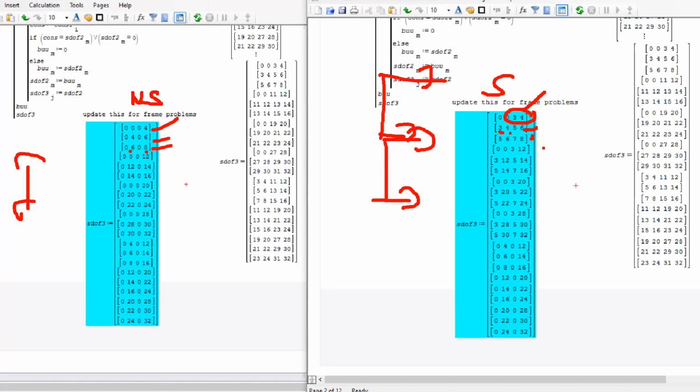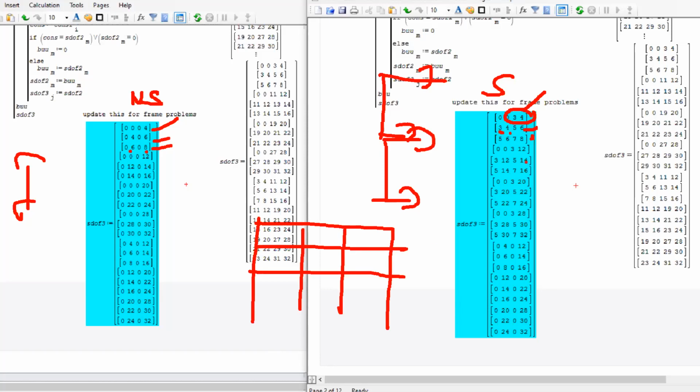Then go back to member 4 here. I only need the rotation and lateral displacement because it's fixed on the ground, right? So I only need two, the lateral displacement and rotation. Take note of the code.